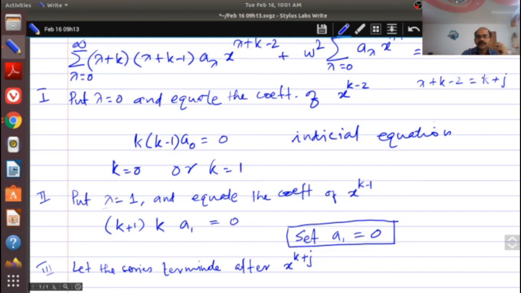So you can cancel the k's, or lambda is equal to j plus 2. If you put lambda equal to j plus 2 in this equation, you will get the coefficient of x raised to k plus j.